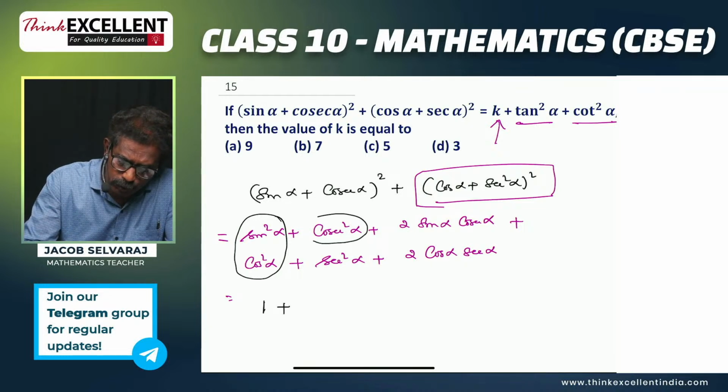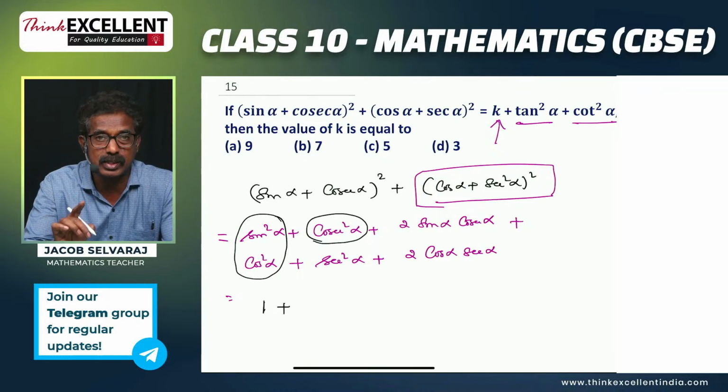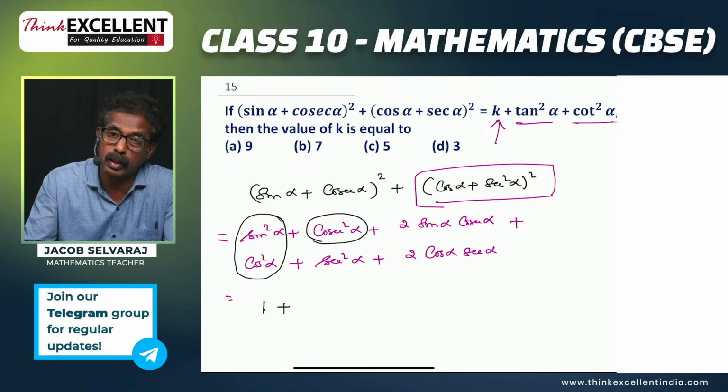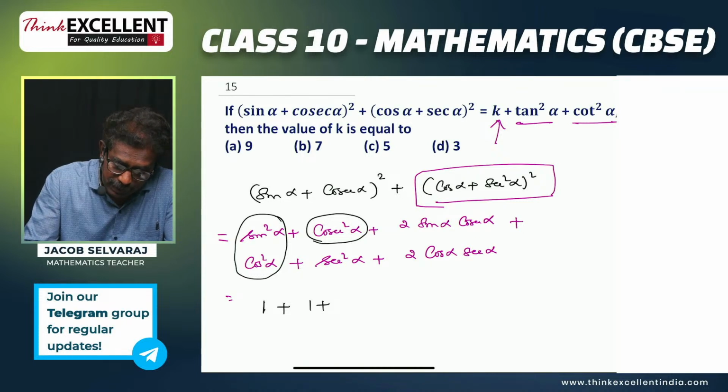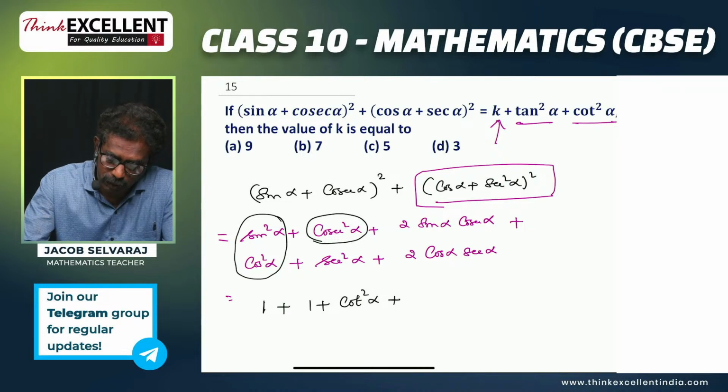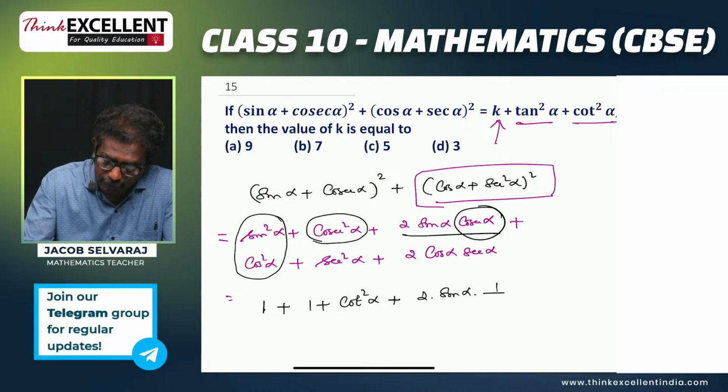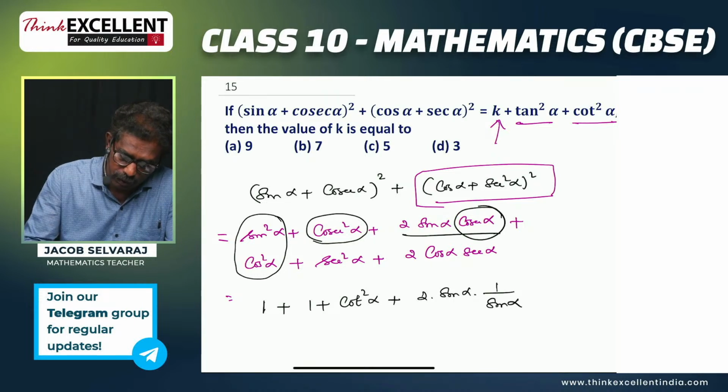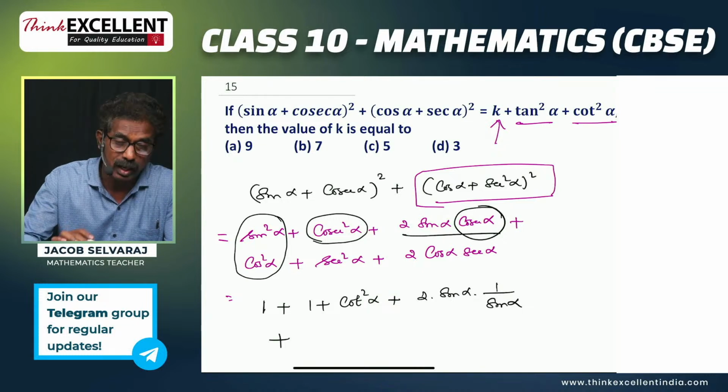Cosecant square alpha we don't want. We need only tan square and cot square, right? So cosecant square alpha can be written as 1 plus cot square alpha. Plus, look at this one, 2 into sine alpha into this cosecant alpha can be written as 1 by sine alpha. Plus, cos square alpha already you have taken, right?